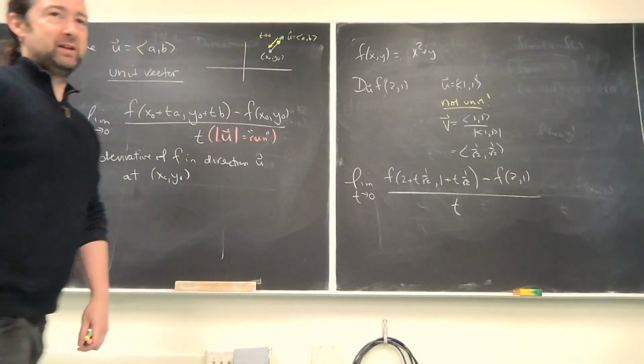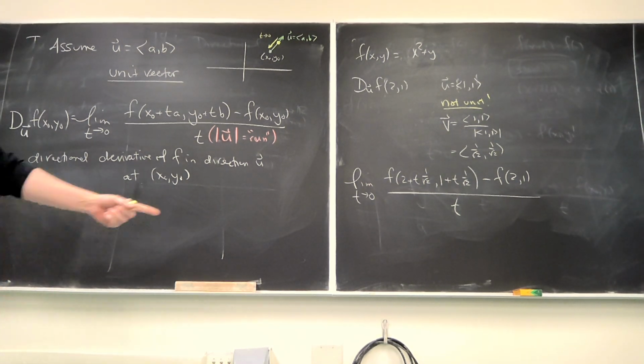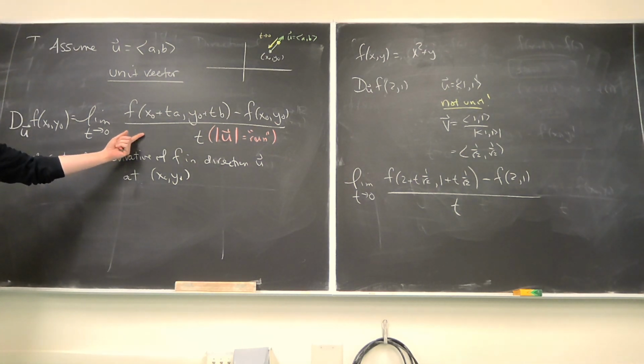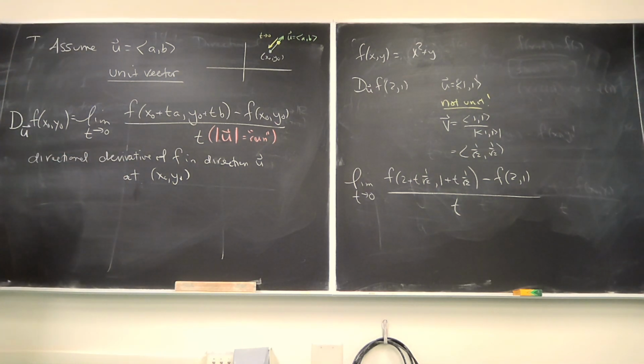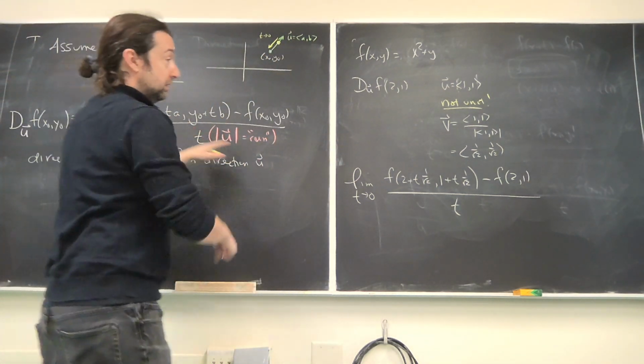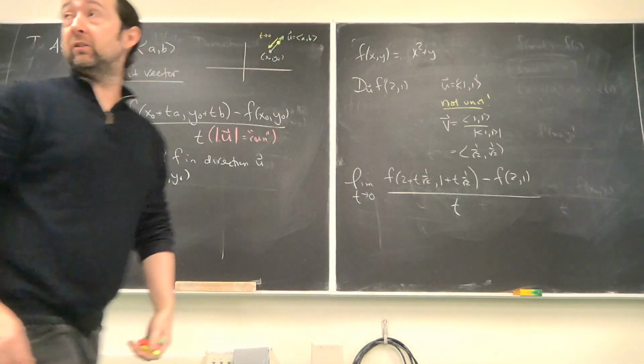And you think to yourself, my God, there's going to be a lot of crap going on there. This is just the formula for the derivative, right? The x naught, y naught here is the point (2, 1). The a and the b are the 1 over root 2 and the 1 over root 2. I have to calculate this limit.